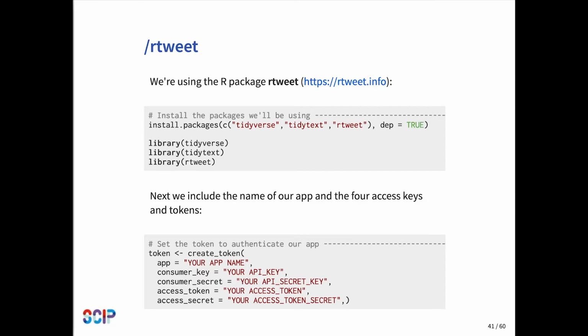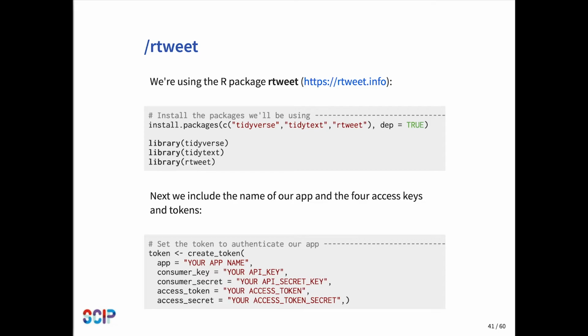We can see that there's 3 packages I've installed there, and once those are installed on my computer, I then basically have to call the library for each one to be able to access the functions and objects within that package.